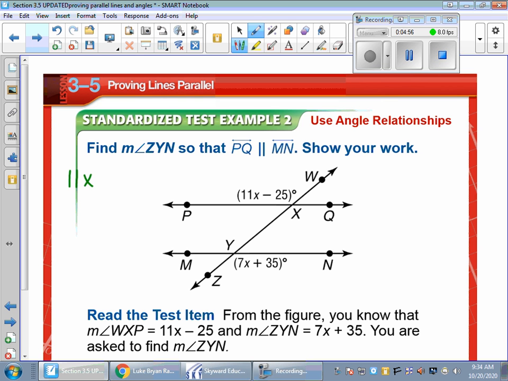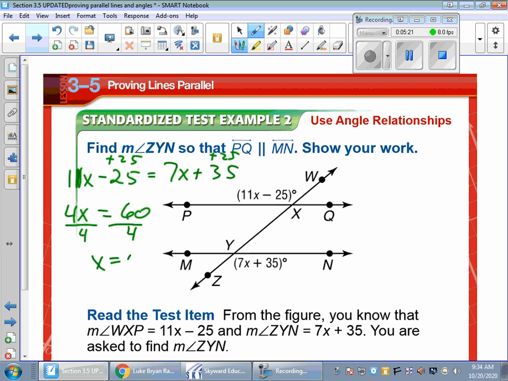So we go 11x minus 25 equals 7x plus 35. And again, I know it's hard to see this as an 11. So we would subtract over, we get 4x. Then we add over the 25. So 35 and 25 gives us 60. And then from here we divide by 4, and x is 15.